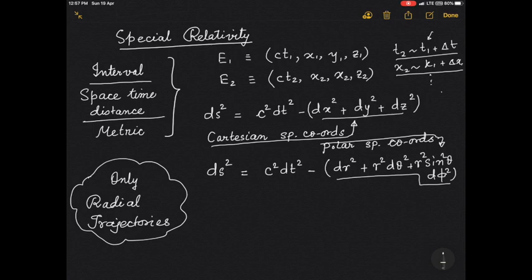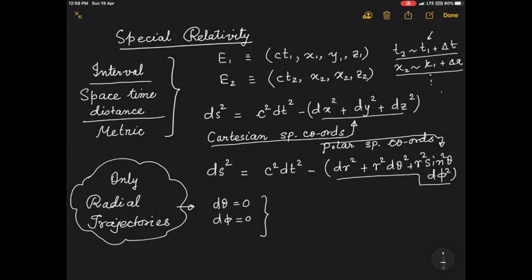So essentially you are looking at the trajectory of a particle, and in this particular case all x, y and z coordinates change. But when I say a radial trajectory, the particle moves in such a way that the theta part doesn't change and the phi part doesn't change. So only the r changes.